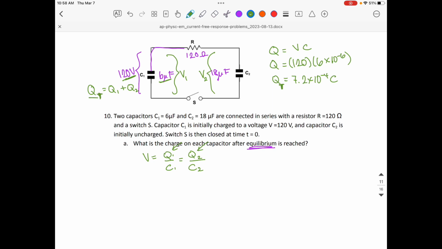Because we know the total charge and we're trying to solve for one of the charges, we can take the total charge minus Q1 to solve for Q2.